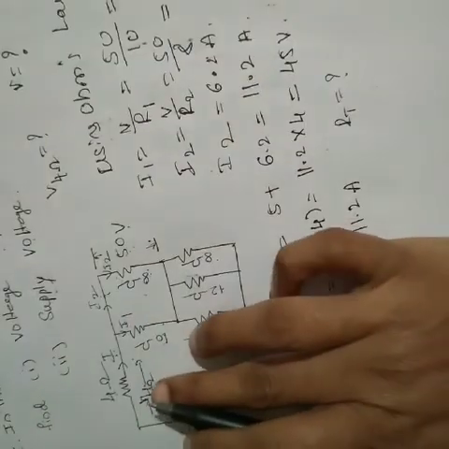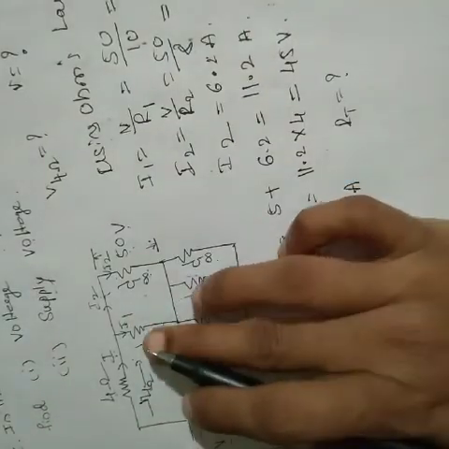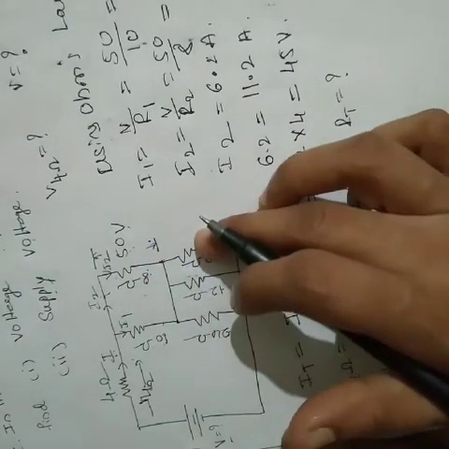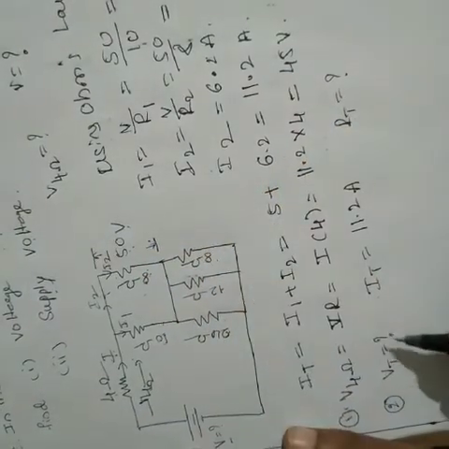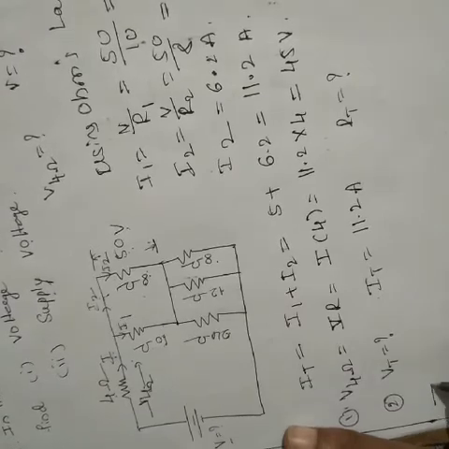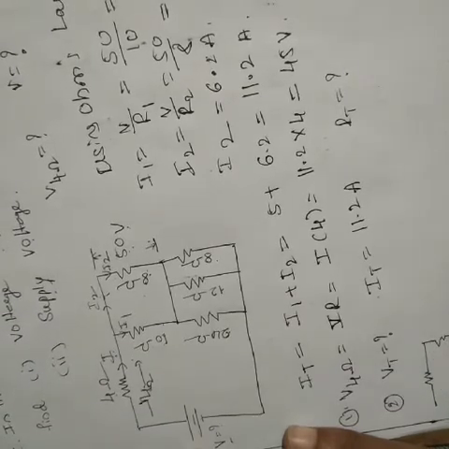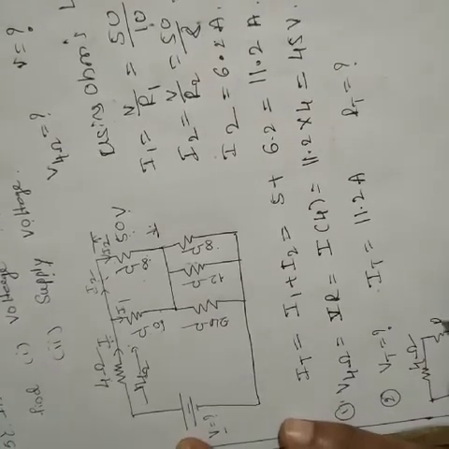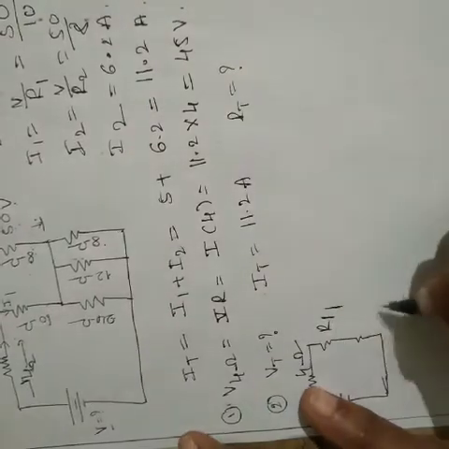This is a series parallel electric circuit. These are connected in parallel. These are also connected in parallel. First you redraw the circuit like this. This is your 4 ohm. This is RP1. This is RP2.